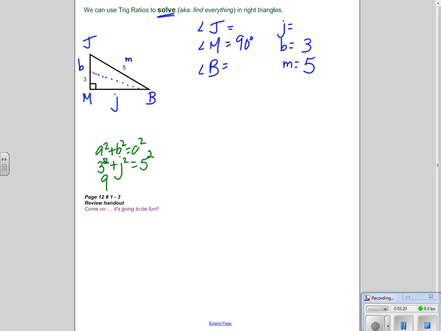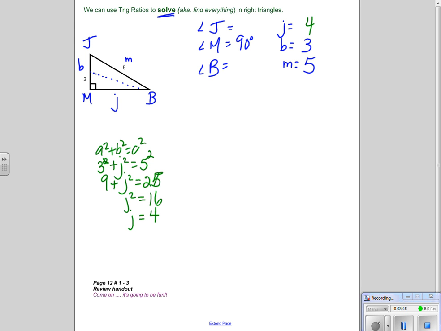So 9 plus j squared equals 25. I'm going to subtract 9 from both sides. It's 16. J would be a length of 4. And we know a 3, 4, 5 triangle makes sense in right angle triangles. So we have length J figured out.